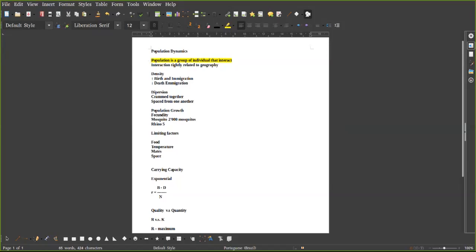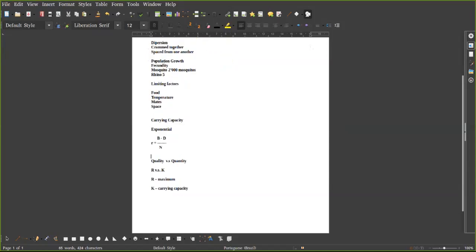So it's R, the maximum that an individual can have of offspring, because they don't take much time to nurse them. They just make a lot, and they hope that at least one survives. For example, if there are predators, if there is not enough food, they hope that at least one survives.